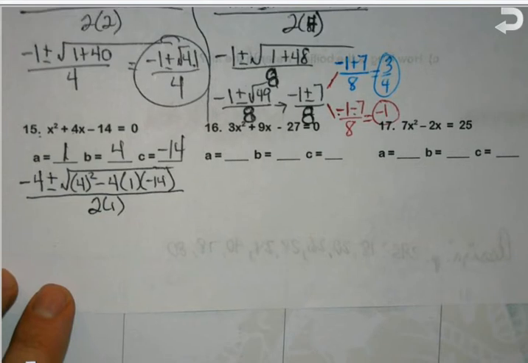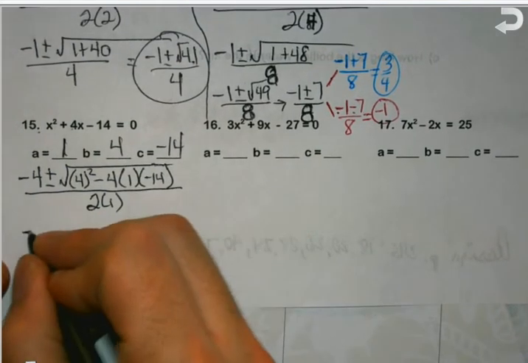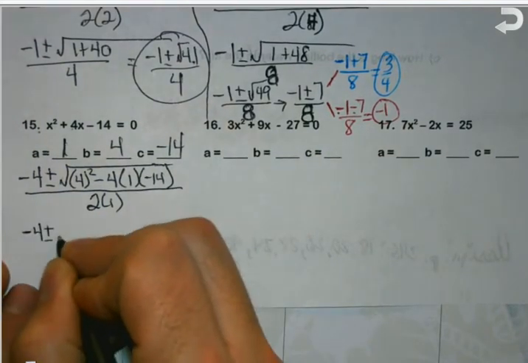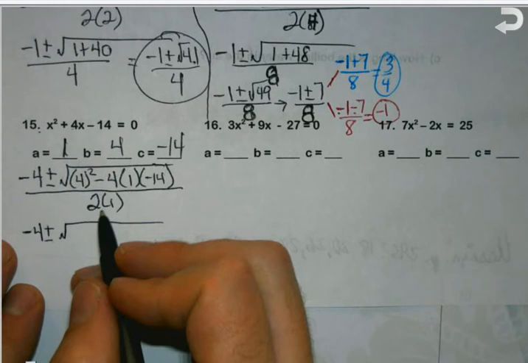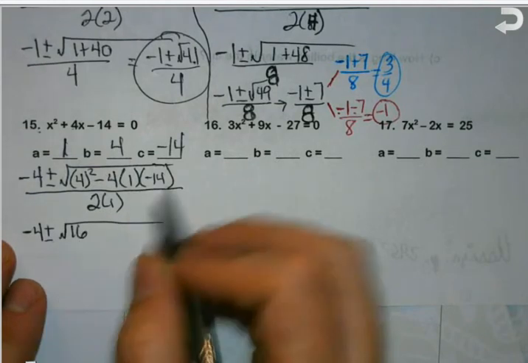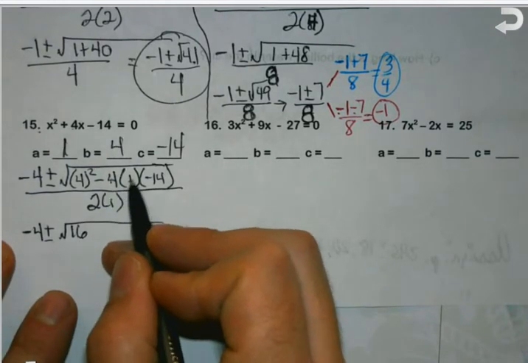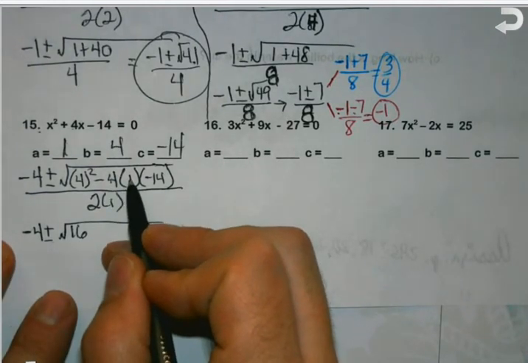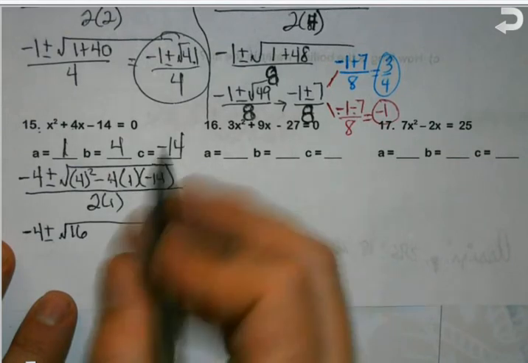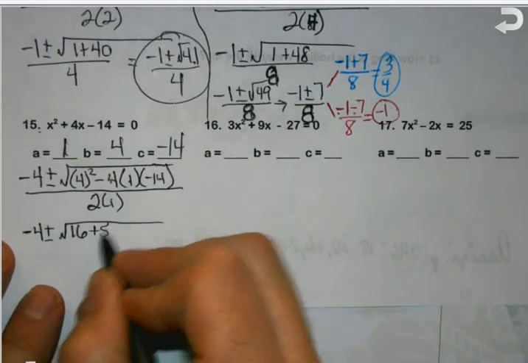So let's see. When I clean up what's underneath the radical, that's 16. Negative 4 times 1 is negative 4. Negative 4 times 14 is plus 56.